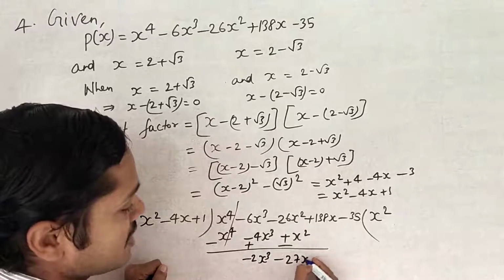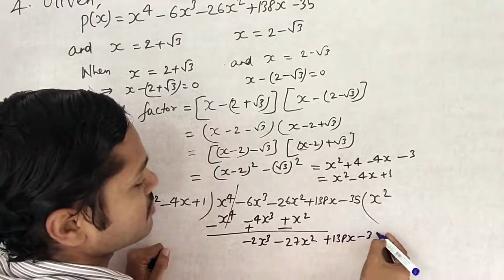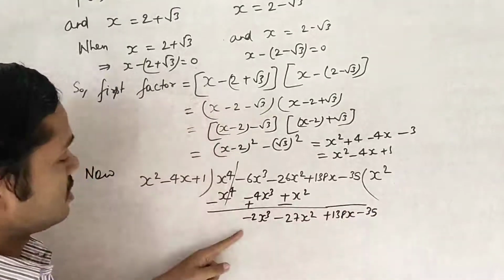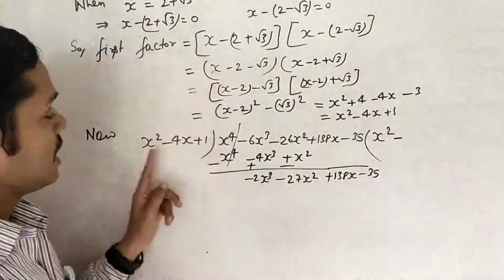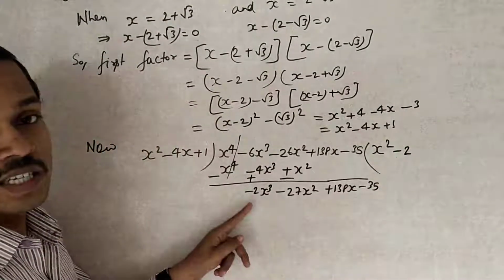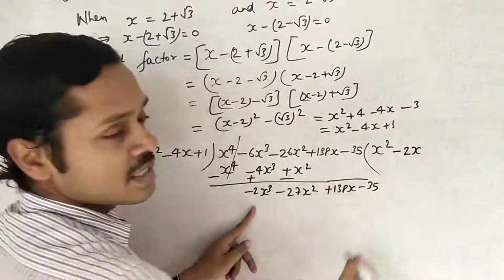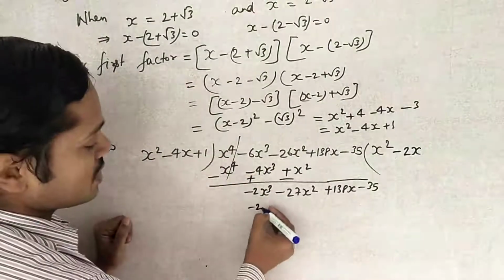Minus 27x square plus 138x minus 35. Look at it, this one plus this one, so minus. How much? There is 1, you have 2, then 2x, and there x. Now look at it, x into x square into x is equal to minus 2x cube.